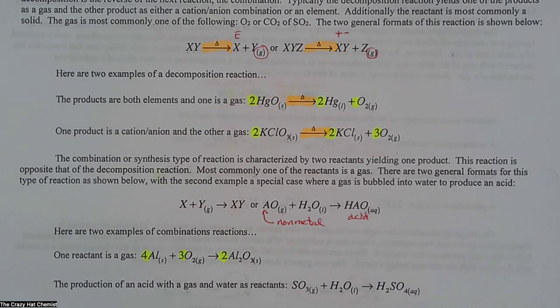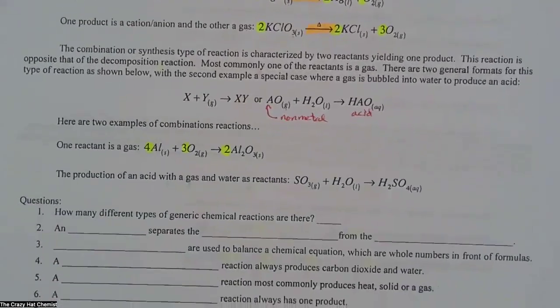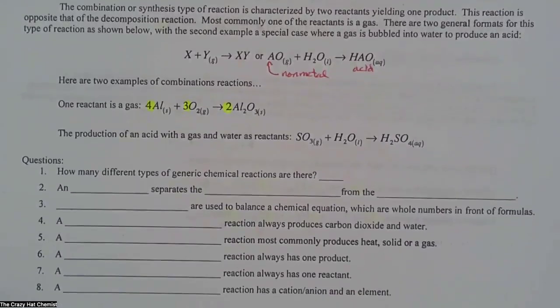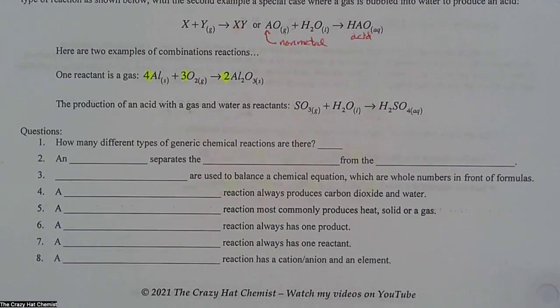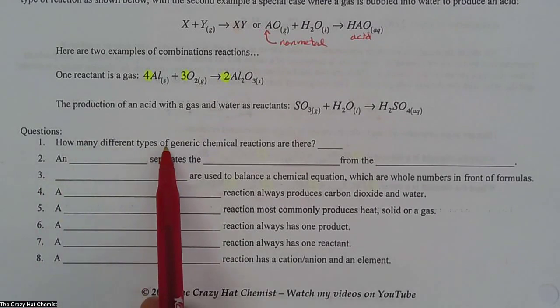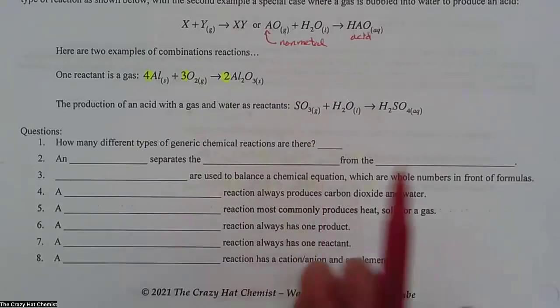Fantastic. All right, here's a little bit of a recap to figure out if we got everything right. Let's see what we can do in answering these 8 questions at the bottom as a little summary. How many different types of generic chemical reactions are there?